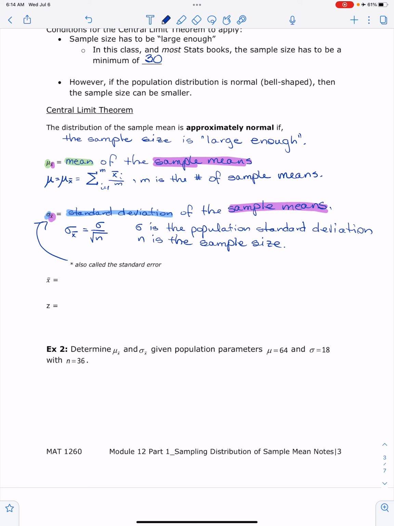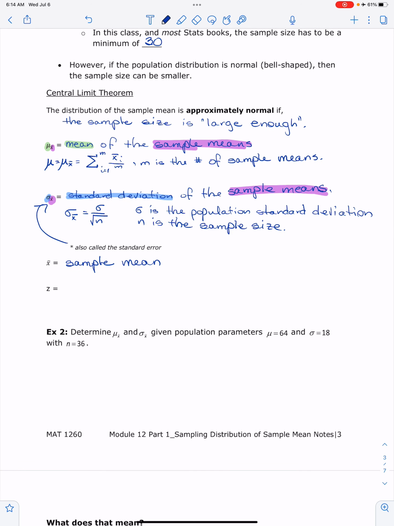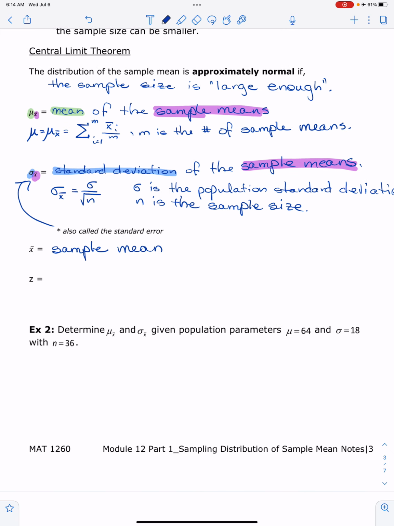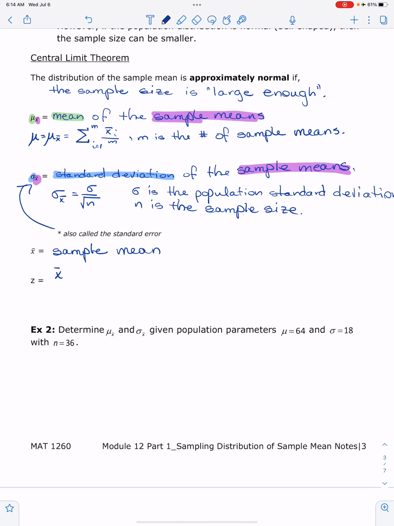Okay. X bar, again, that should be somewhat familiar. That is our sample mean. And so when we want to find a z-score, because we're going to treat these samples kind of like we treat an individual, we're going to take our sample mean, our individual data value, subtract the population mean, the mean of our sample means, and we're going to divide by the standard deviation for a sample of that size.